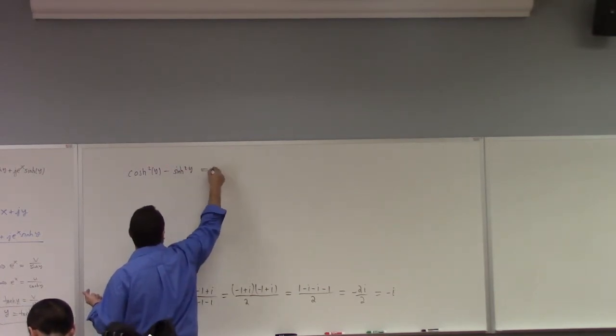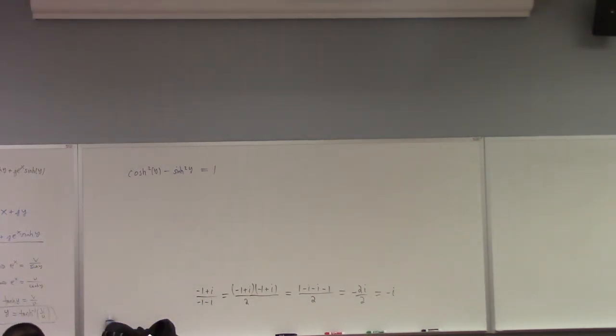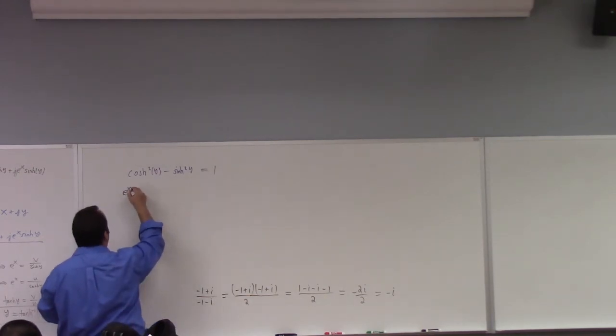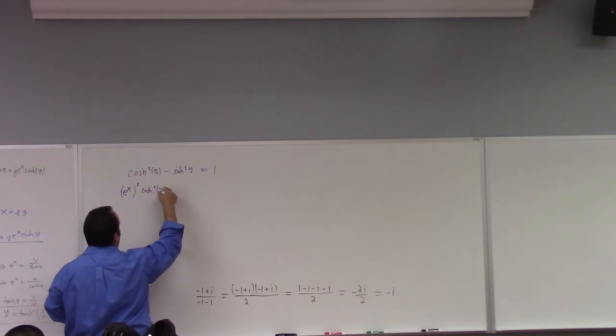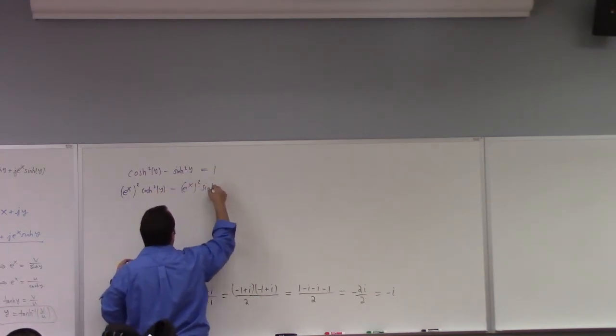That's equal to 1. So that's that identity. You see what that has? On the left-hand side, it's got y. On the right-hand side, it's got no y. That eliminates y. Take that, multiply by e to the x squared. What's that give us?